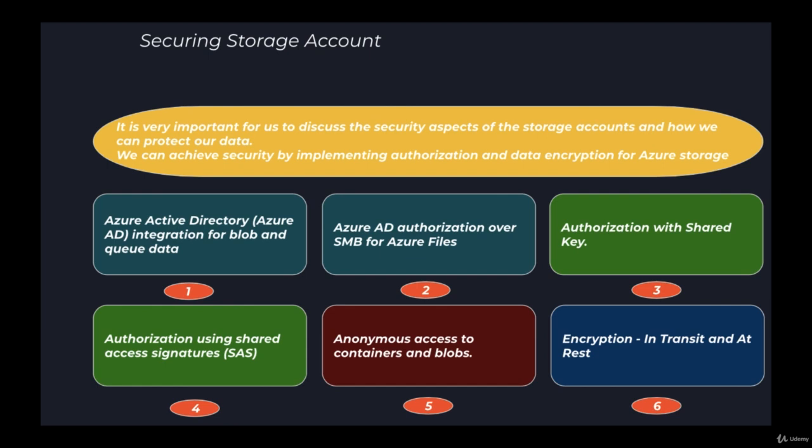SSE is enabled for all storage accounts, right? And one cannot disable it. We can also use client-side encryption before moving the data to the storage account. It should be encrypted at the client side only, and it will be decrypted only at the client end once the data is retrieved. So these are the different options we have in Azure to secure our data or to secure our storage account.